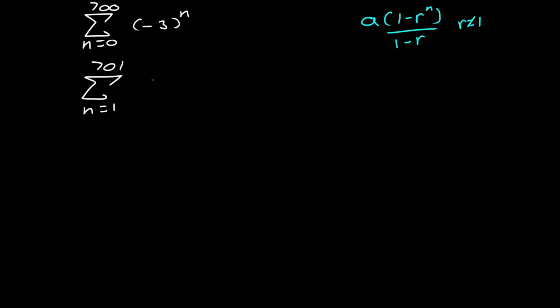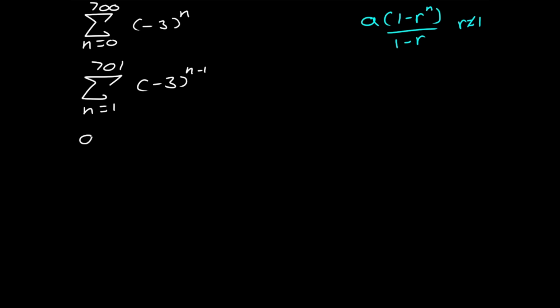Now, because we've done that, however, we also need to change our a sub n equation. This negative 3 raised to n, we have to make this negative 3 raised to n minus 1. This is because we need to make our first term equal to the original equation. So now that we've done that, we can begin solving as we've done before.